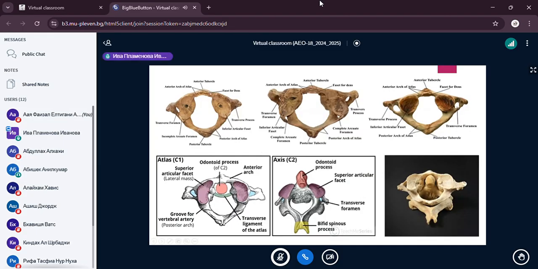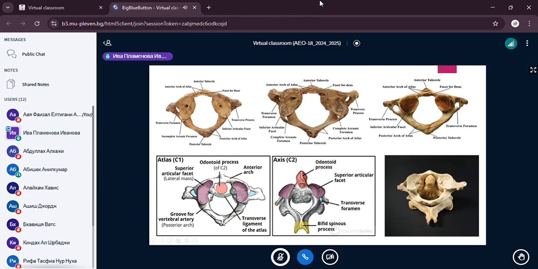So for now, you have to know the different parts of the bones. For example, last semester, you will study about the vertebral artery, and also the next semester, you will study about the vertebral artery, its origin, its pathway.